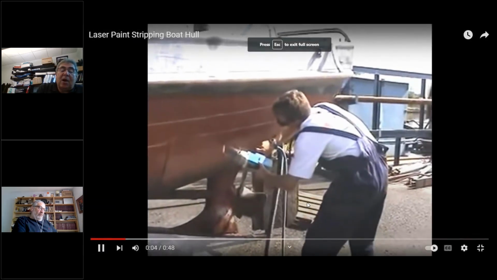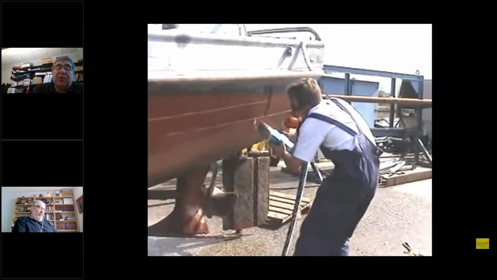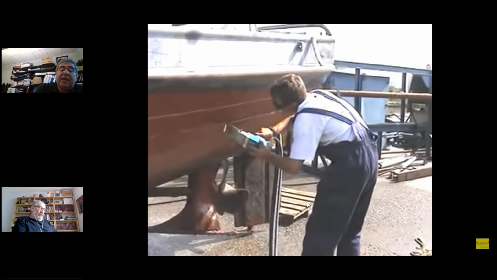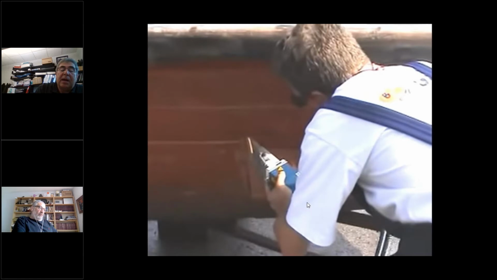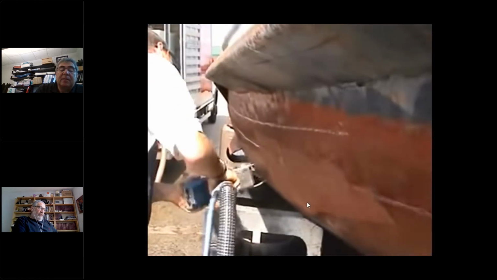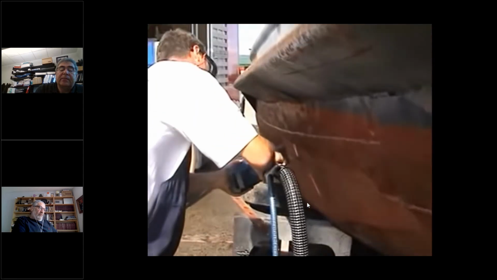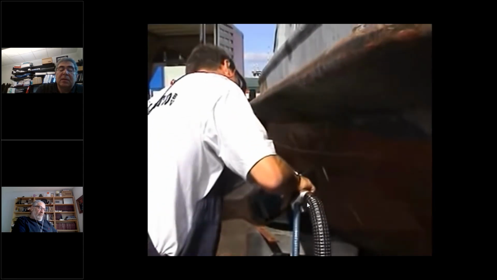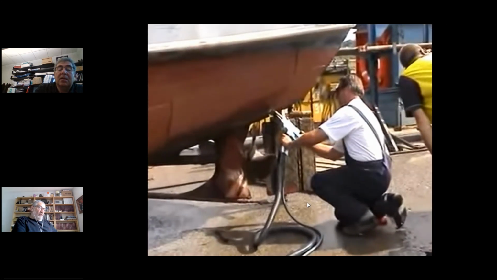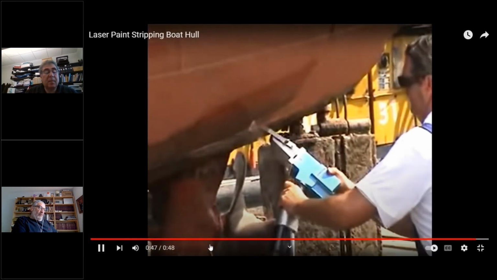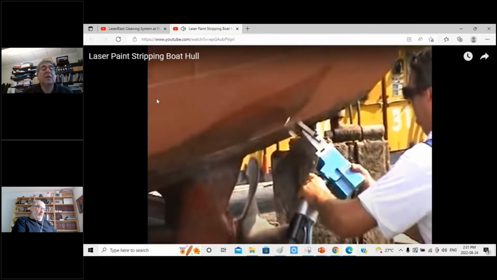In this case, the operator is not wearing any personal protection equipment, only the goggles, and the vacuum tube is removing all the debris on site, and there's no contamination. Okay.